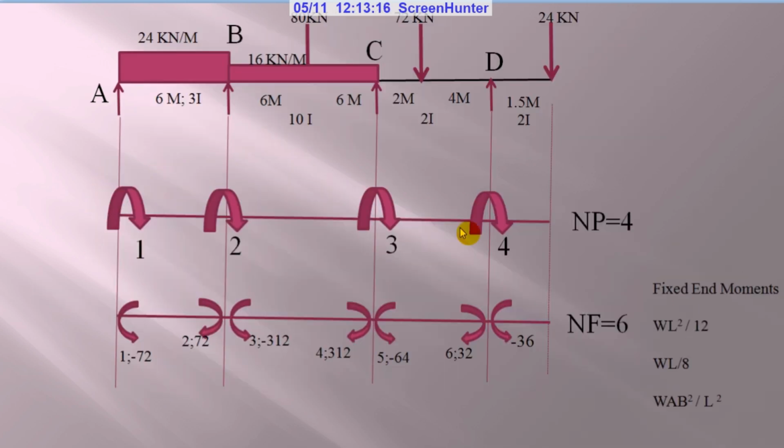So the first span is AB. So 4EI by L. So 4 into EI, that is 3EI, upon L is 6. So 12 by 6 is 2EI. So 4EI by L value is coming 2EI.